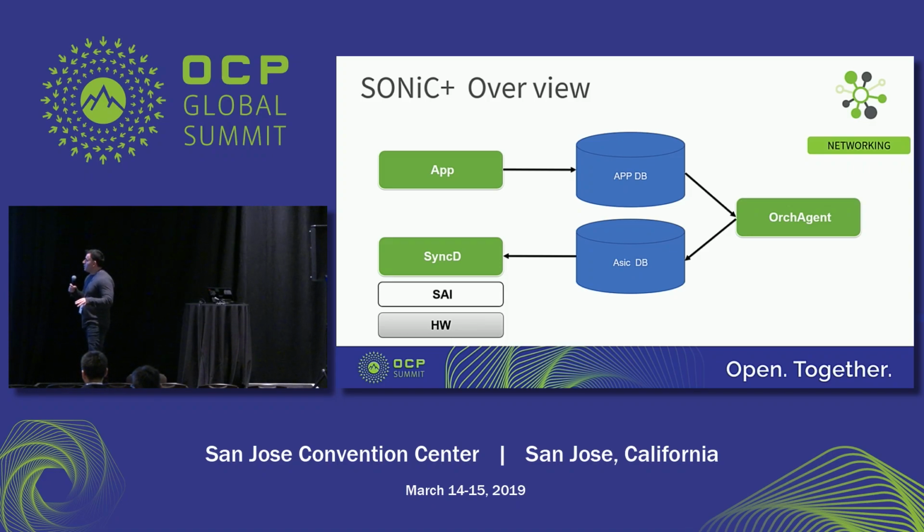An application configures some entry in APPL_DB. As a result, some module inside orchagent will take this configuration and translate it if needed into an ASIC-DB entry. And then the syncd container will take this ASIC-DB configuration and apply it via SAI into the ASIC. So this is, at a very high level, how SONiC looks.